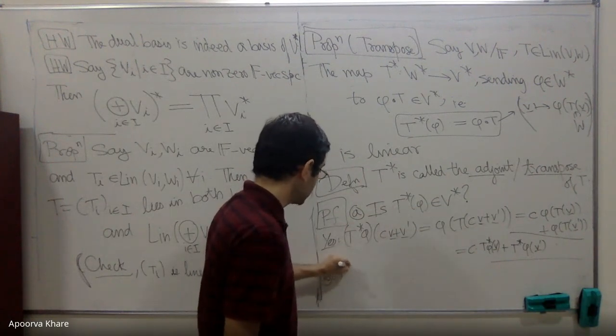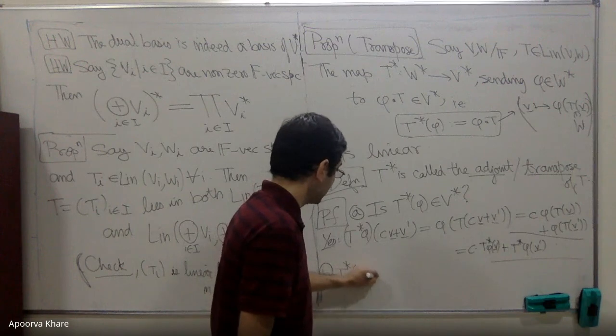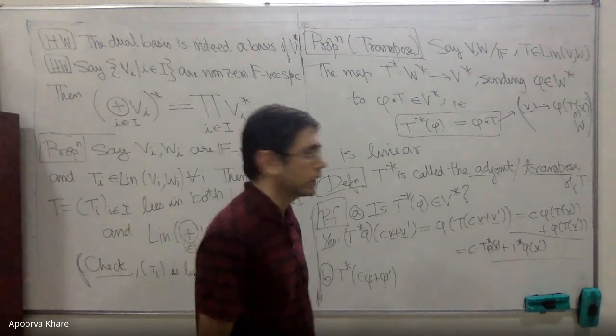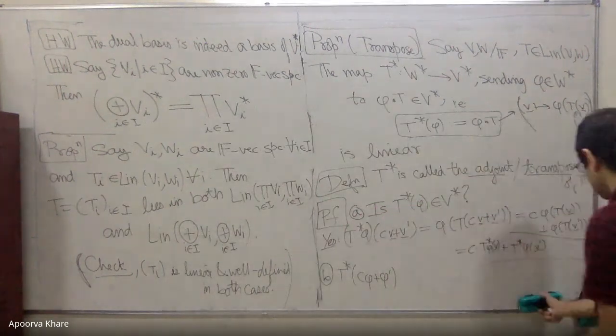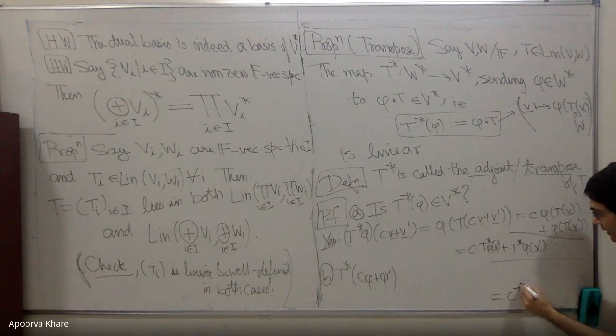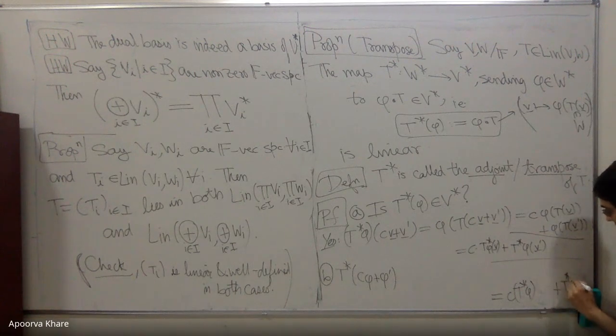Well, T star of C phi plus phi prime. How do you check that this is equal to C T star phi plus T star phi prime? How would you check something like this?